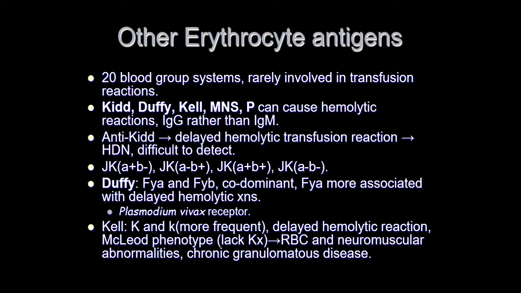So their genetics, whether, for example, Jk, and they have the A plus, B minus genes, or the Jk A minus, B plus. And here the Jk, both that they are plus, or the Jk, they are both negative.